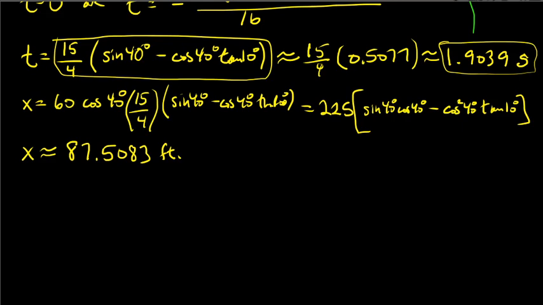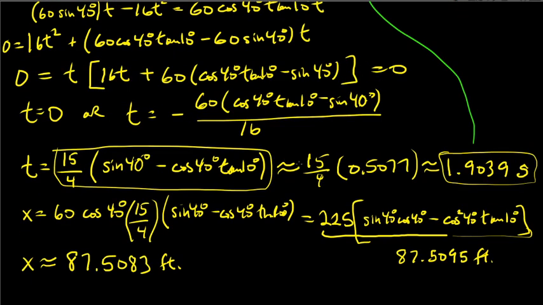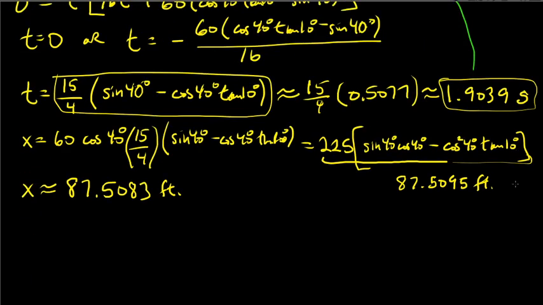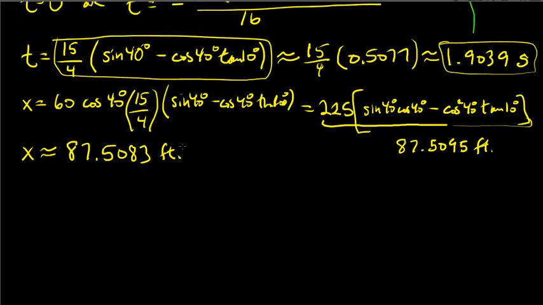Actually, if you calculate this, I get something slightly different: 87.5094, or 095 actually, feet. So the 87.5083 came from actually plugging in the 1.9039 seconds, and you can see that's a little bit off. But I think that's similar enough.